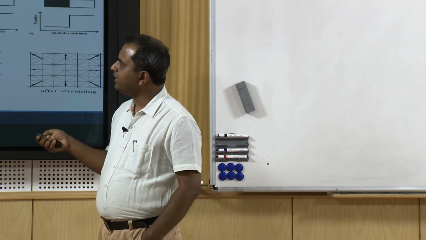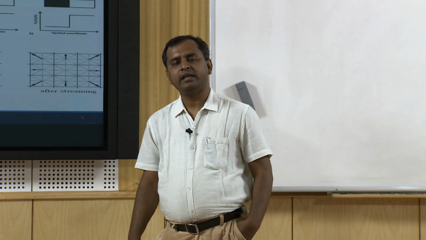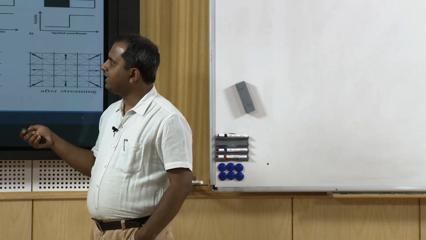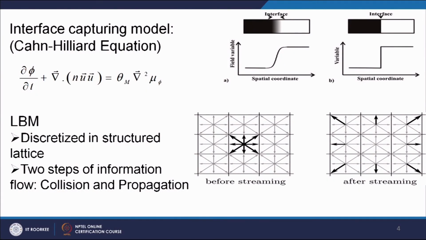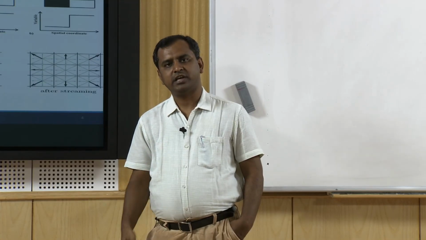So, if you write down the Cahn-Hilliard equation for the gaseous phase and the liquid phase separately, and subtract, then you will get an additional equation involving phi. Here, del phi del t is your unsteady term, then you have the convection term, and on the right hand side you have a term involving the chemical potential, where mu phi is the chemical potential and theta m is the mobility of the interface, that means how easily you can change the interfacial configuration.